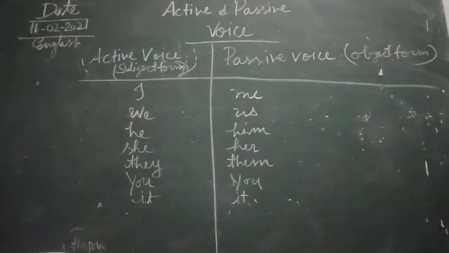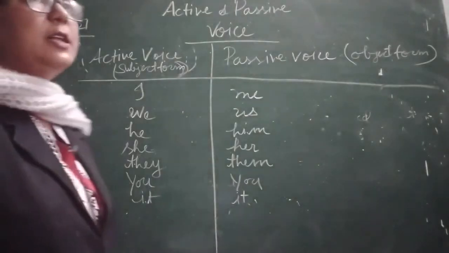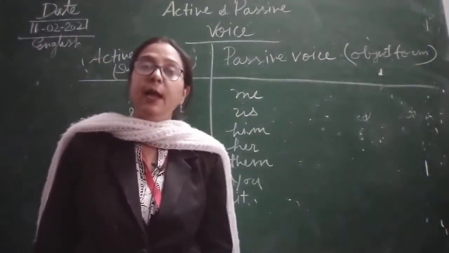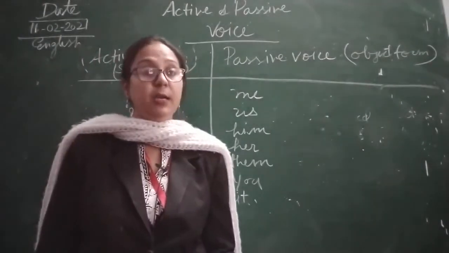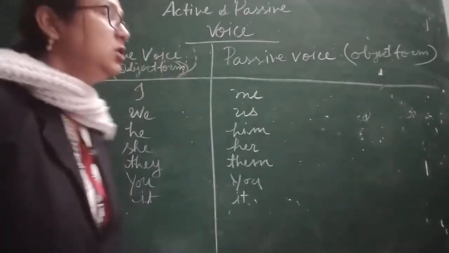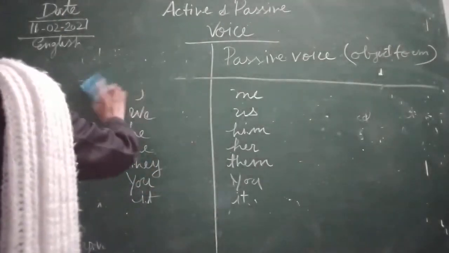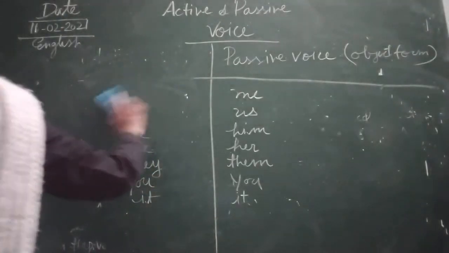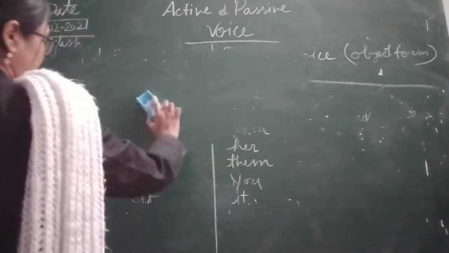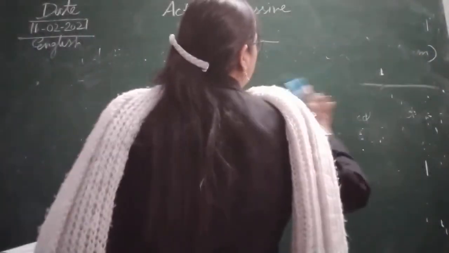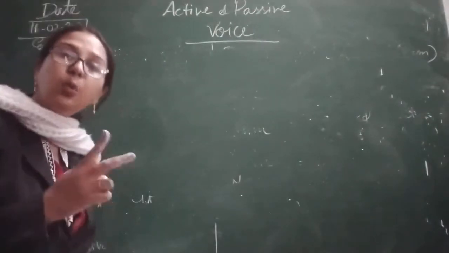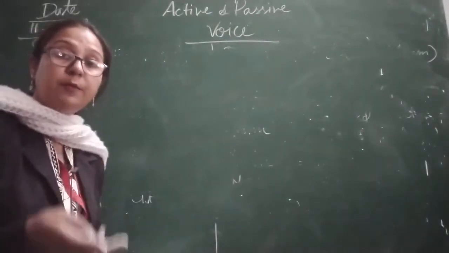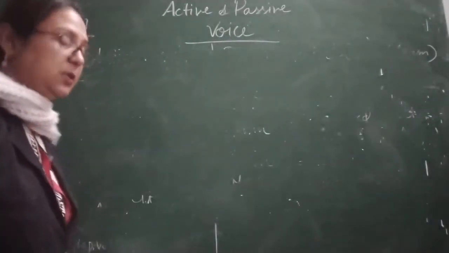If the transitive verb has two objects, how will we change it from active to passive voice? So children, this will become a ditransitive verb. That is what we will learn today.